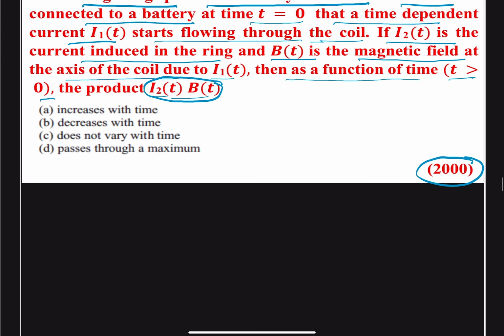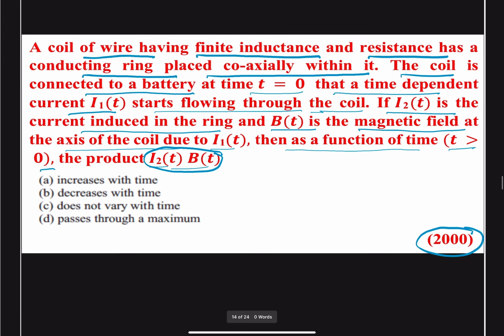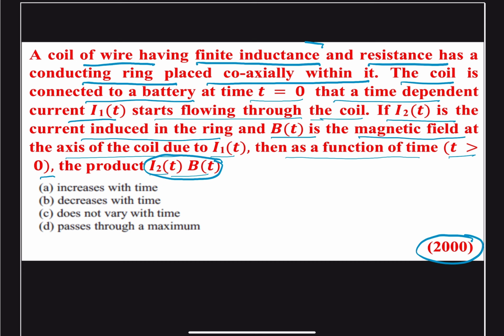So we are given that we have a coil which is having a finite inductance as well as resistance.